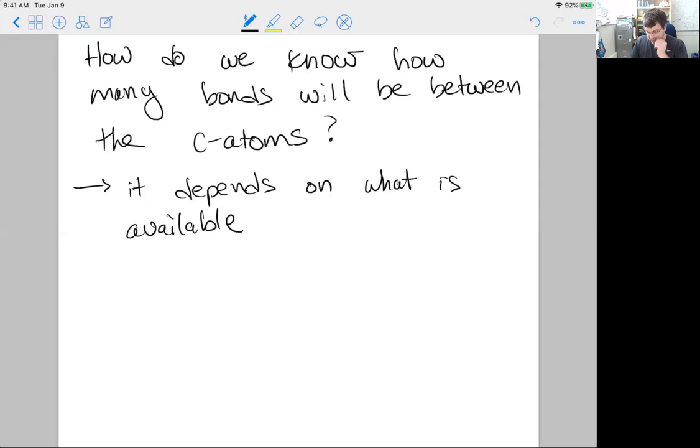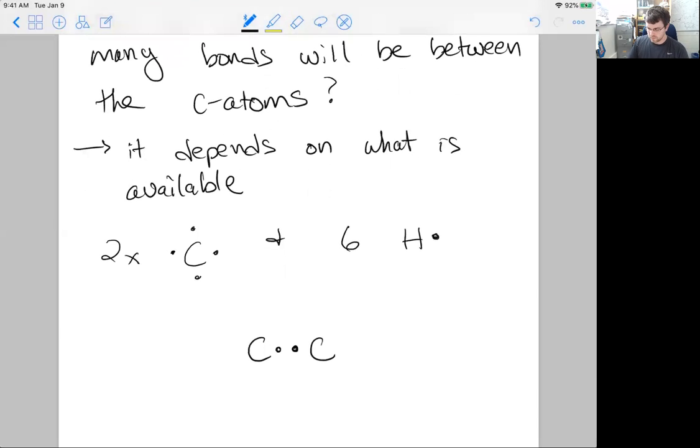Okay, let's say, for example, that we've got 2 carbon atoms and 6 hydrogen atoms. What I like to do is always start by just considering a single bond between the 2 carbon atoms. So in this case, we've got 2 carbon atoms and 6 hydrogen atoms.